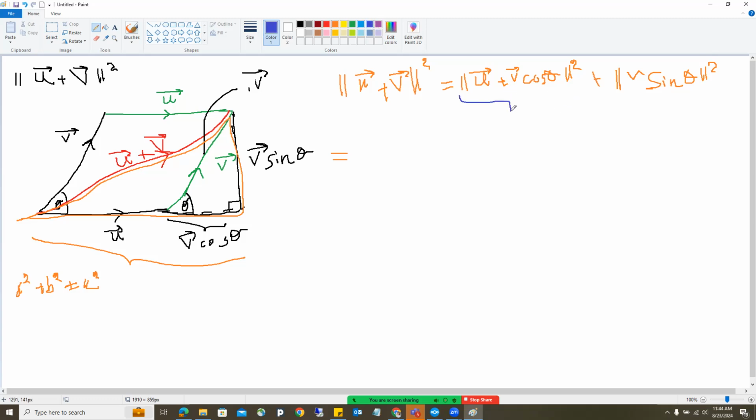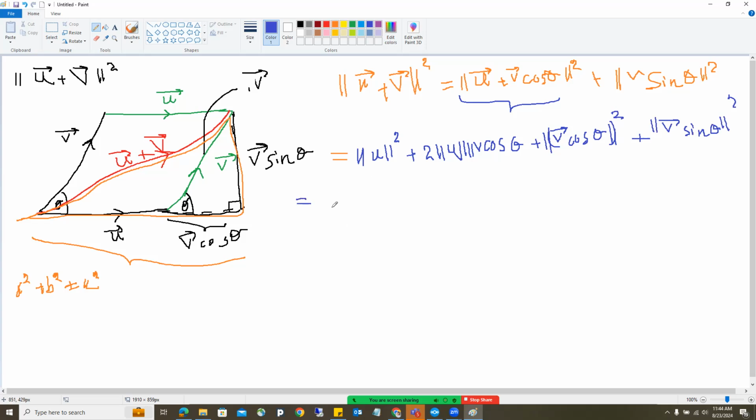If I simplify this one, then we have u squared plus 2uv cos theta plus v cos theta's complete square, plus v sin theta's complete square.